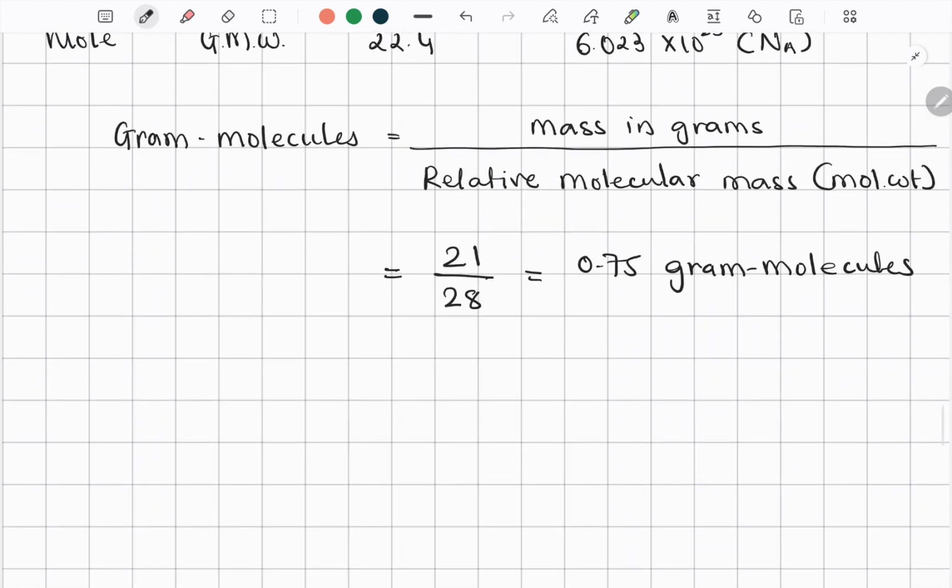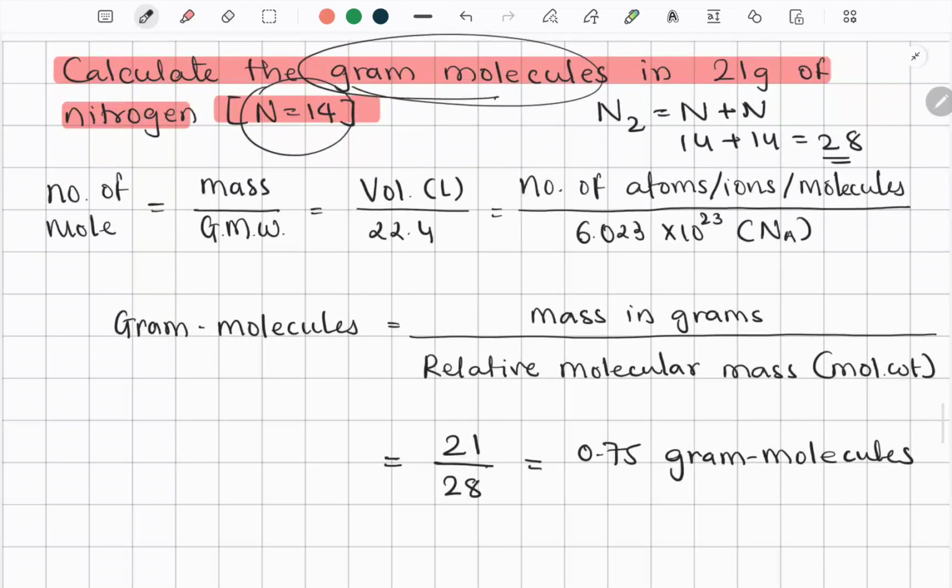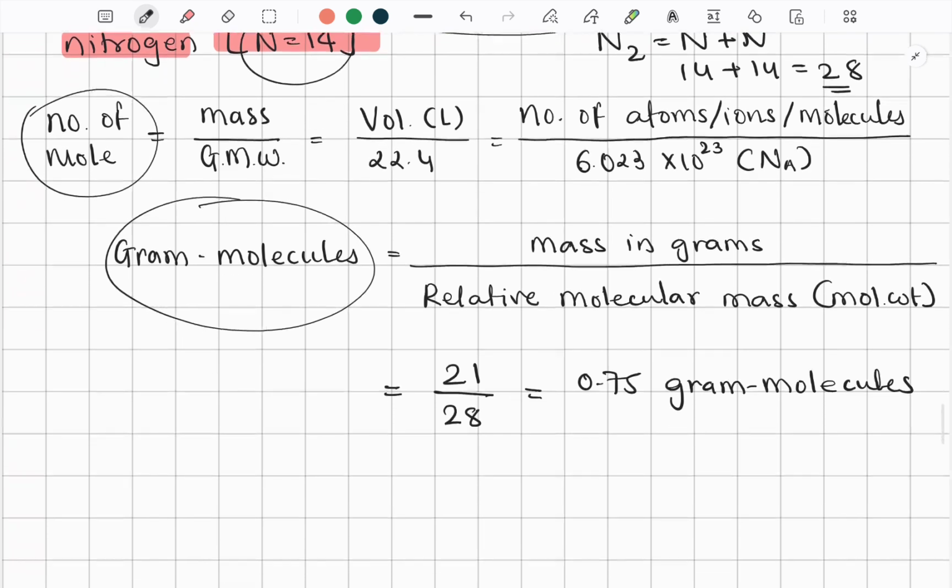Now let's try to understand the difference between gram molecules and number of moles. It's very simple. The difference between gram molecule and number of moles is only slight. The main aspect of both is the same, and to calculate the final answer, both are gonna be the same, even numerically.